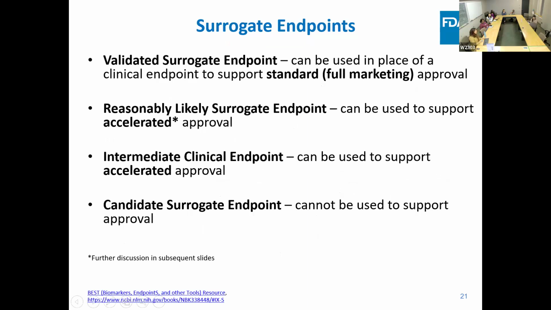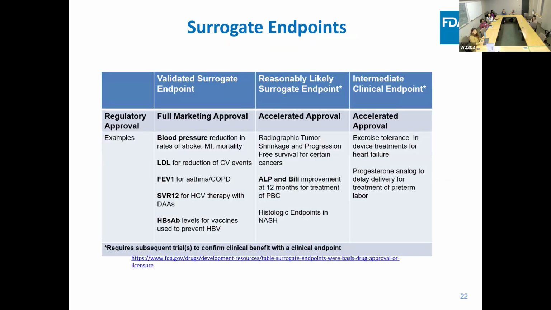We know for sure that it affects the outcome of survival. There are also reasonably likely surrogate endpoints and intermediate clinical endpoints. In the liver world, we actually have a lot of reasonably likely surrogate endpoints. Primary biliary cholangitis is one where ALP, a liver biomarker, is used as a reasonably likely surrogate endpoint.